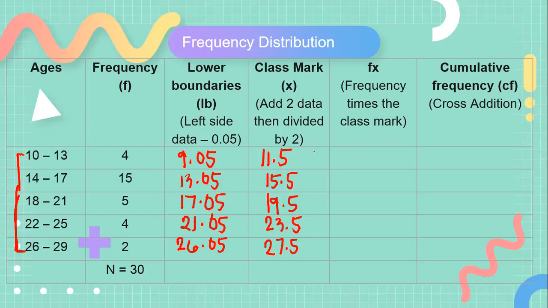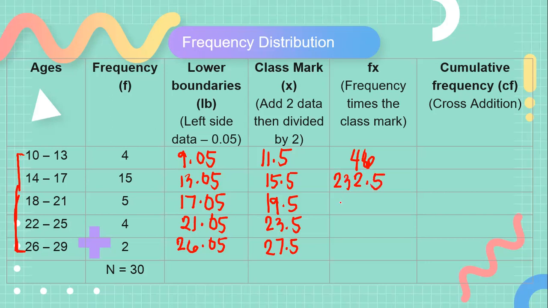Now for fx. To solve fx, frequency, which is 4, times 11.5 is 46. Then 15 times 15.5 is 232.5.